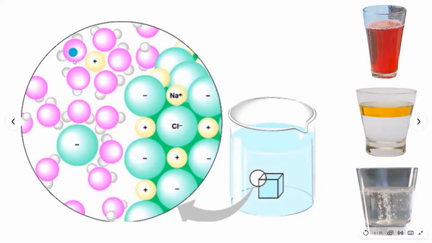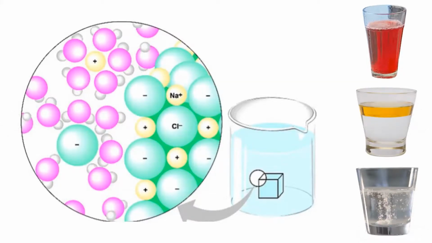And so the water completely surrounds the positive ion and pulls it out of its 3D lattice. So all of the exposed particles are dissolved first, and that then exposes new particles in the next layer of the solid. And then those are surrounded by water and those are dissolved.